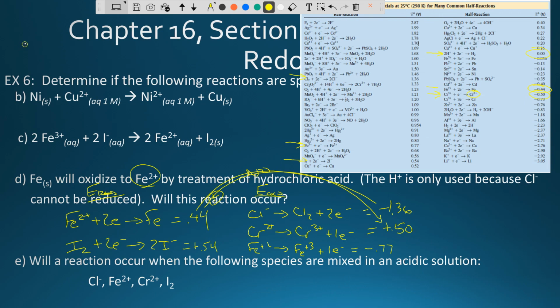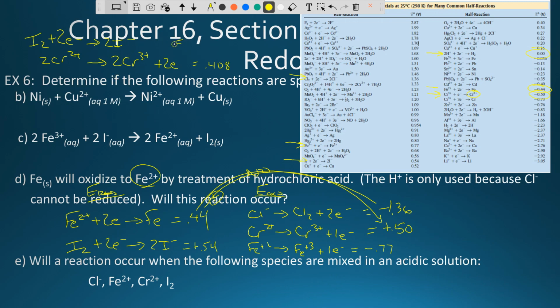So those two cases are going to be I2 plus 2 electrons. That will form the 2 iodide ions. And I have my 2 chromiums, and that's going to form my 2 chromium 3 ions and 2 electrons. And so that value ended up, and I'm just going to use the numbers that I've got, not necessarily with your table there. That's fine. A 0.408.